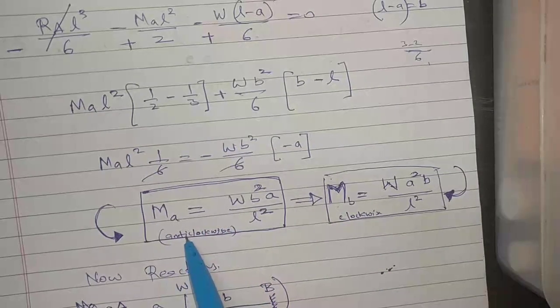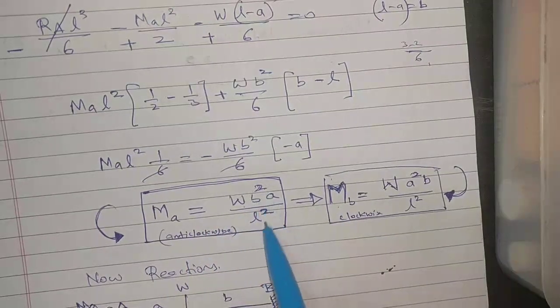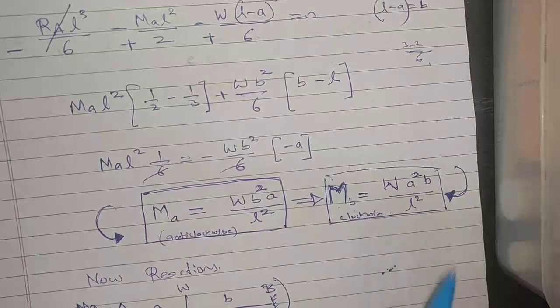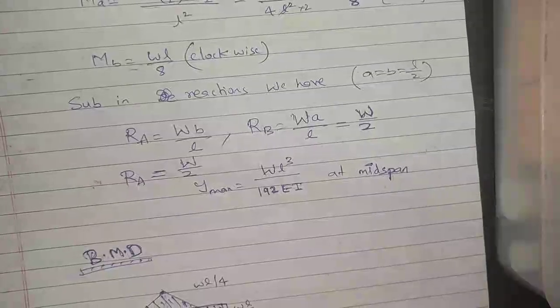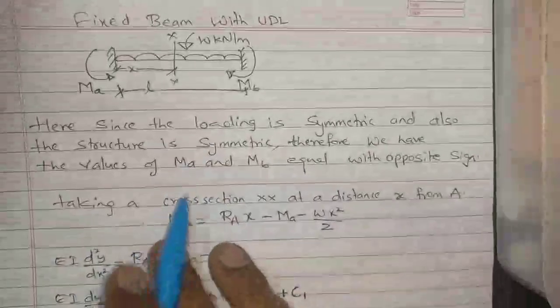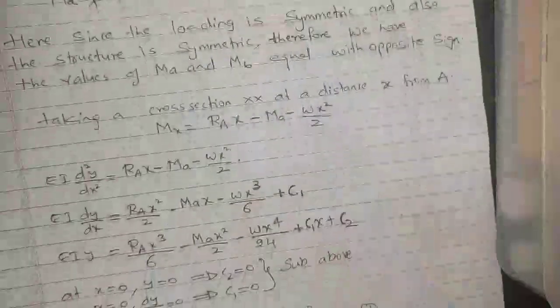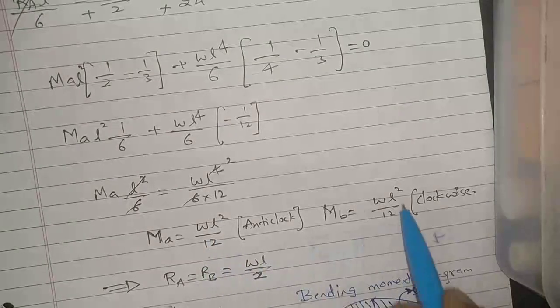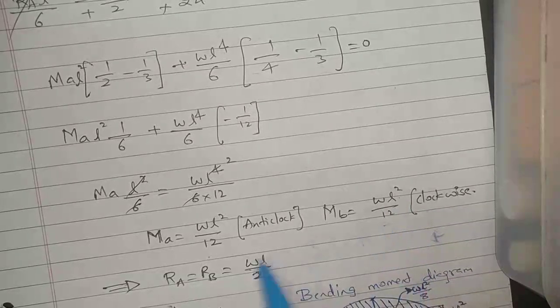MA is anti-clockwise, W B square A by L square, MB is equal to W A square B by L square. Again one more problem is with UDL. With UDL we got MA is equal to WL square by 12, WL square by 12 for left and right side.